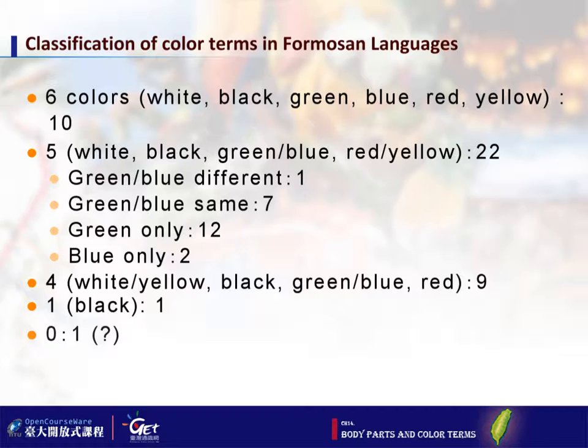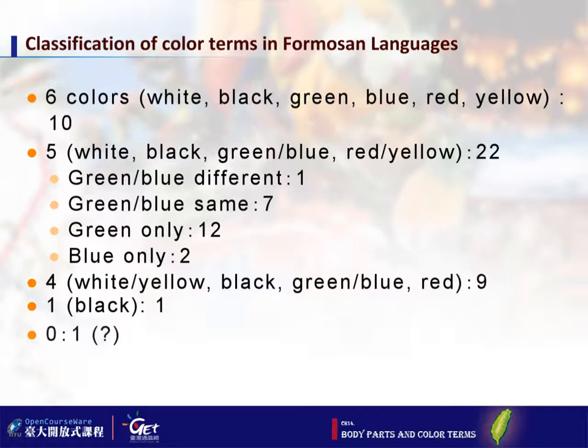Okay, 22 languages. Within that combination, green and blue, only one language would distinguish green and blue, and 7 languages would have green and blue as the same term. And 12 languages would have green only, or 2 with blue only.